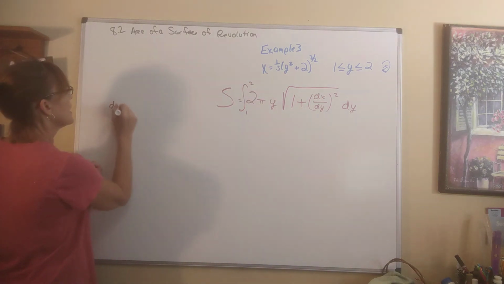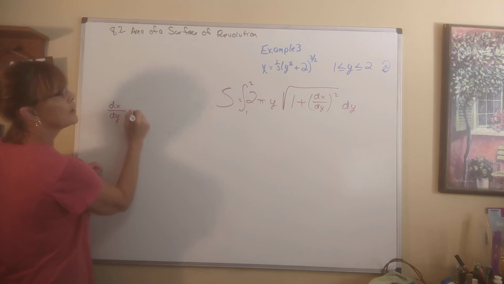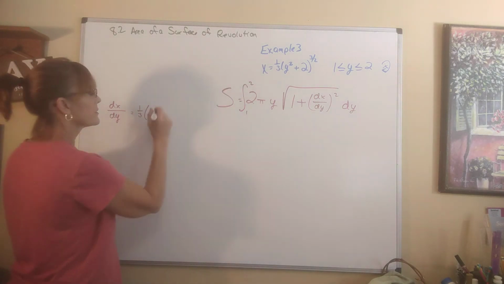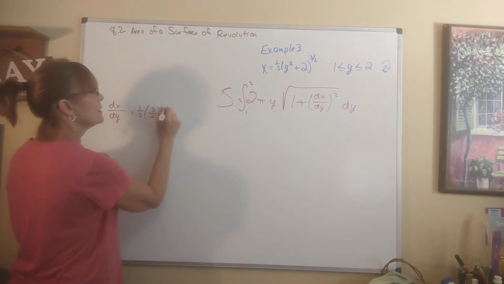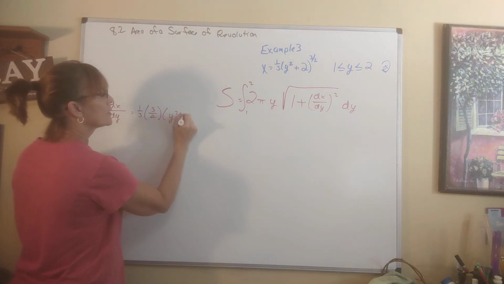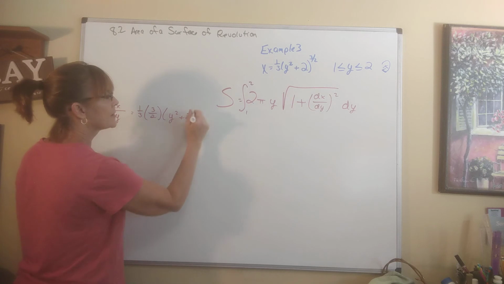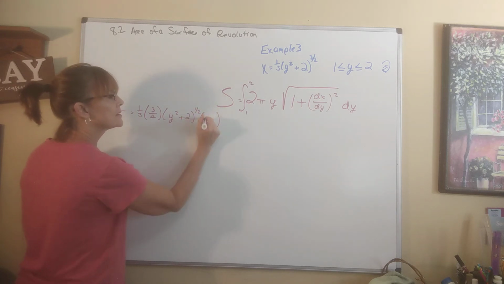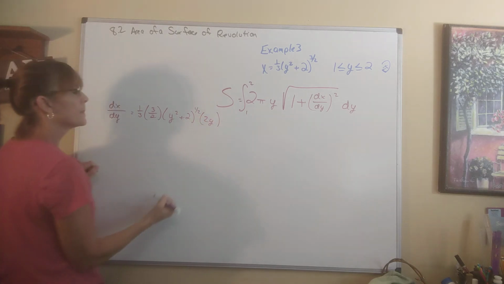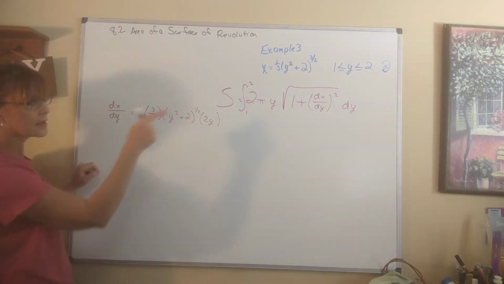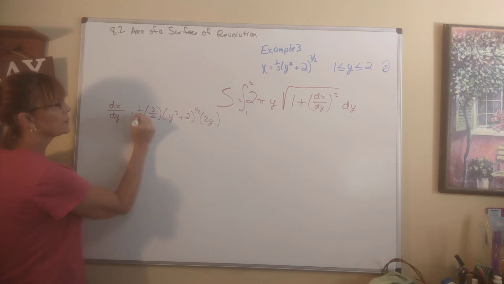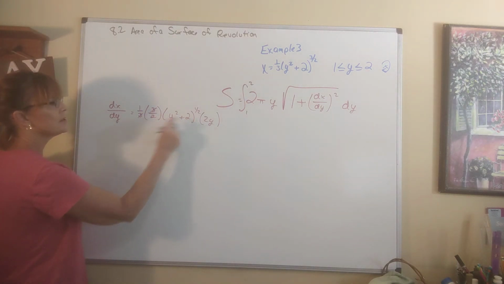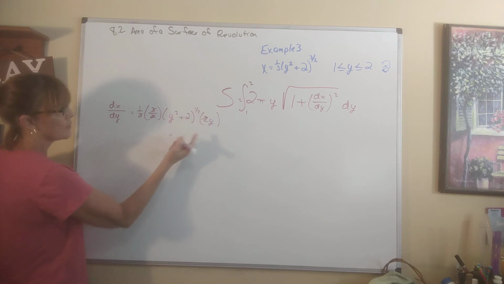So dx/dy will be 1/3 times 3/2 times (y squared plus 2) to the 3/2 minus 1, which gives us the 1/2 power, times the derivative of the inside, which is 2y. Before I square this, I'm going to clean it up a little bit. These 3's will cancel, so I have a 1 right there. These 2's will cancel, so I have a 1 right there.